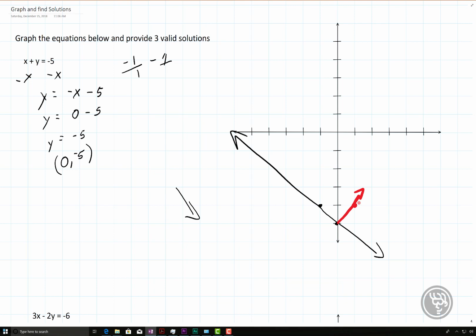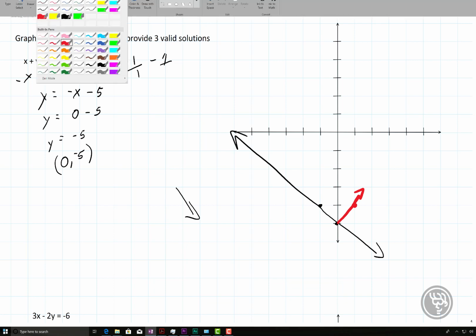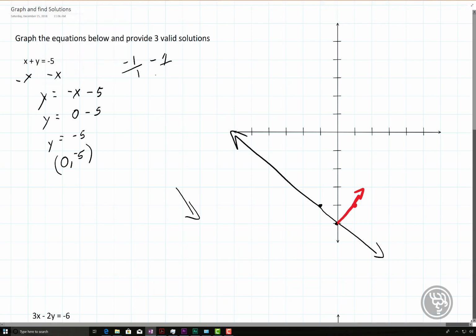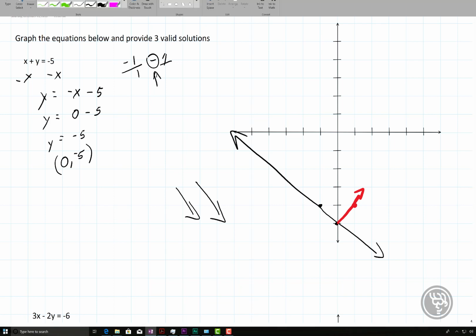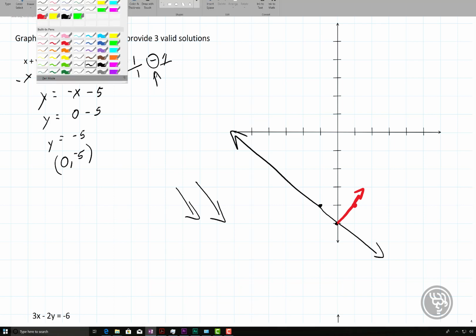Our slope says our line is decreasing. This is a decreasing line because of the negative. So that's why the correct direction would be this way. So that's my rise over run, there's my triangle there. So the red line would not be a valid line.